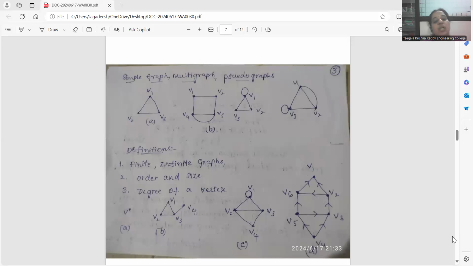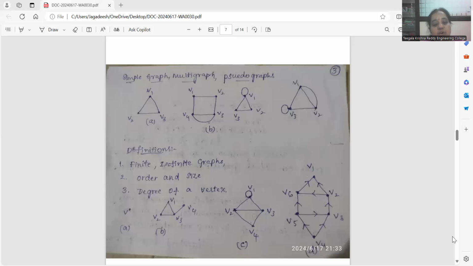And here we have 4 vertices with 4 edges, right? There exist 2 edges between V3 and V4, so they are called parallel edges or multi-edges. So it is called a multigraph. Coming to the third graph, there is a self loop for the V1 vertex, with vertices V1, V2, V3.